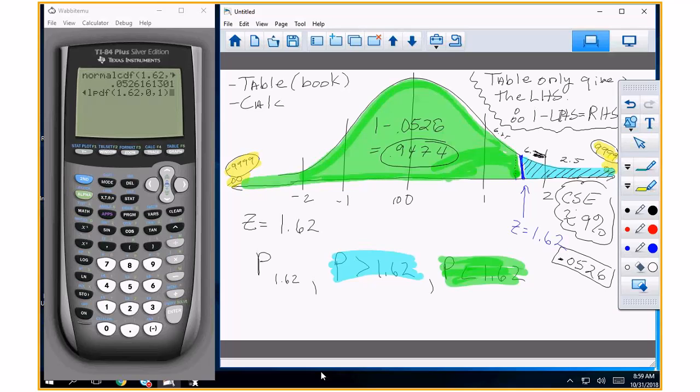And then they're going to ask, what is the probability of being above 160? Or what is the probability of being below 90? Okay, then they're going to ask those type of questions. So it's kind of like crawling before you can walk. We got to crawl before we can walk. Capiche?